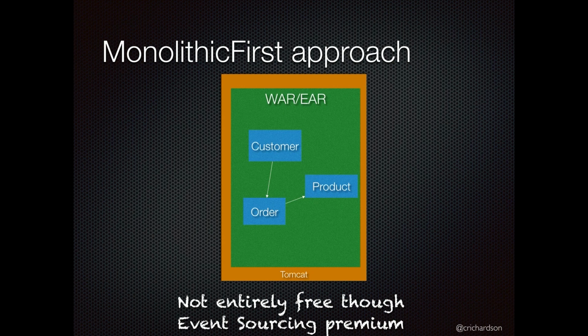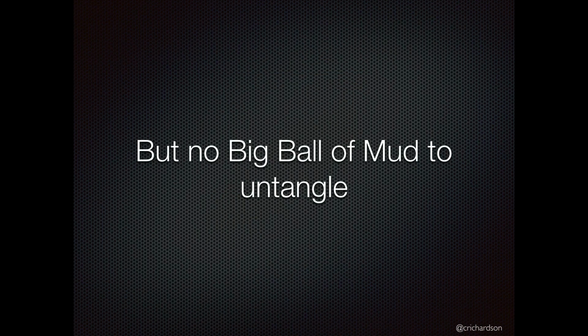There perhaps is a little overhead because you're using event sourcing and so on, but it does mean that your business logic is modular. So there's no big ball of mud to untangle when you want to migrate to a microservice architecture.